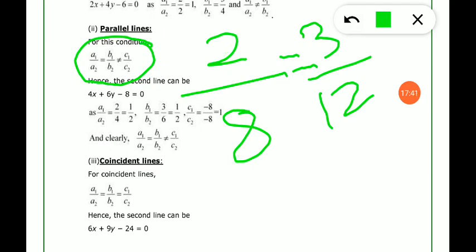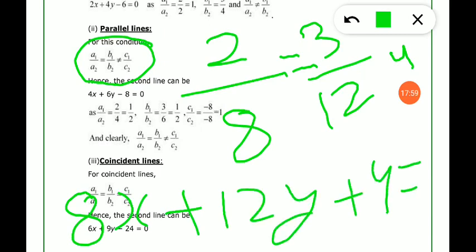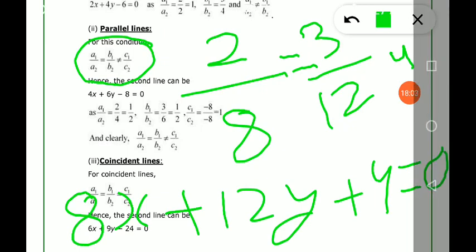So like this we choose A2 and B2. And since we don't have to bother about C2, we can choose any number as C2. Let me choose C2 as 4. So the equation I get is 8x plus 12y plus 4 is equal to 0.